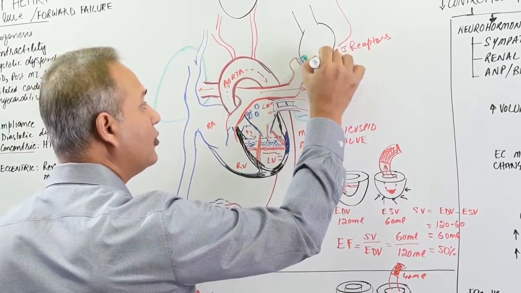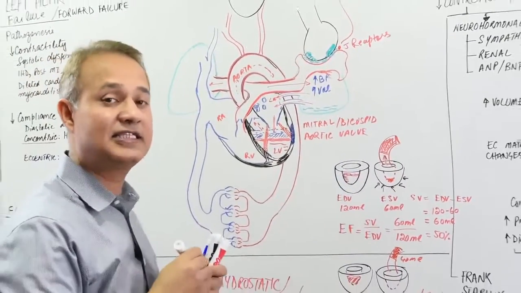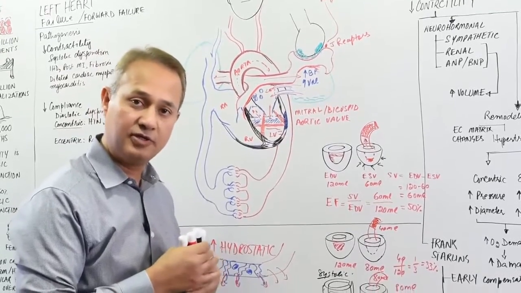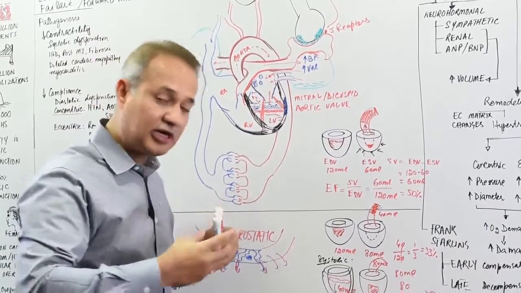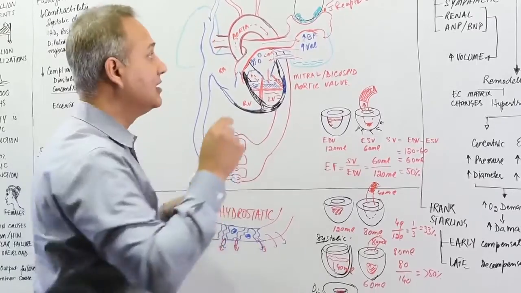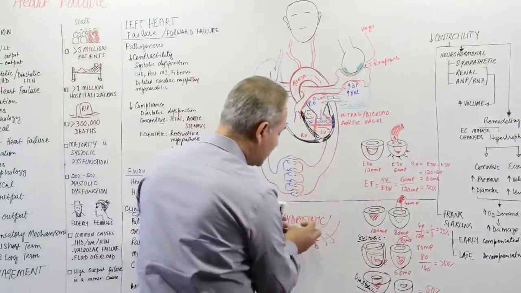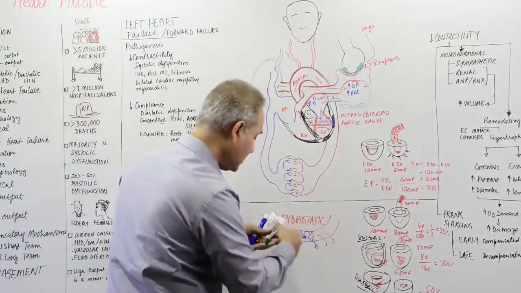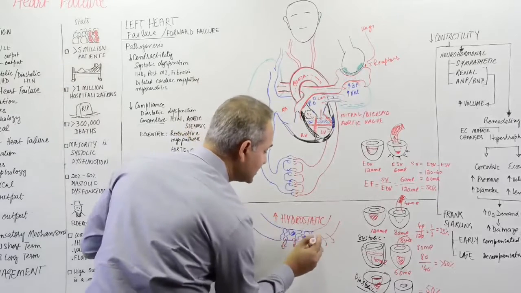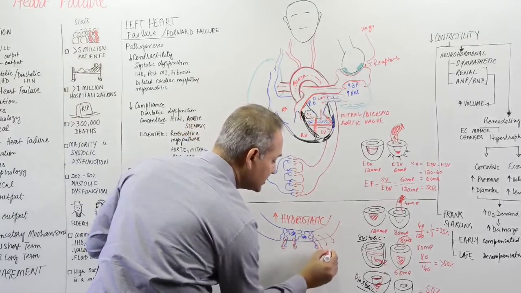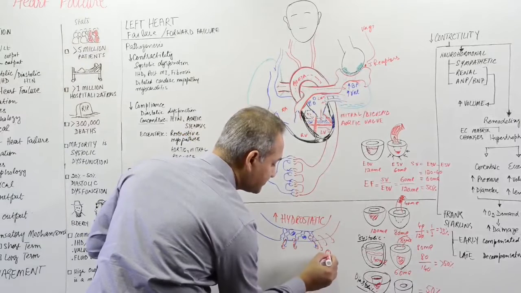When the fluid enters the alveoli and alveolar edema develops, the patient would start coughing. Because of this extra pressure in the vessels, even erythrocytes will come out. Erythrocytes come out for two reasons.